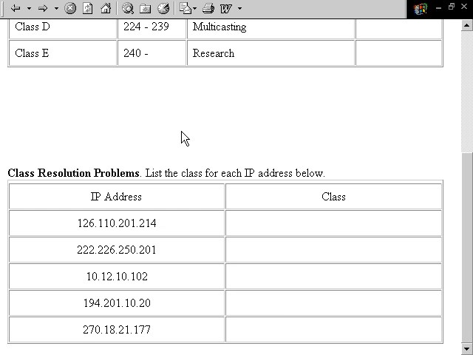This document looks very similar to what I've been working with here, and it gives you an opportunity to go through, look at these addresses, and determine what the classes are. Please take the time out to print this document out, determine the IP class, and then look at the next segment, because the next segment I'm going to have the solution for this particular assignment.